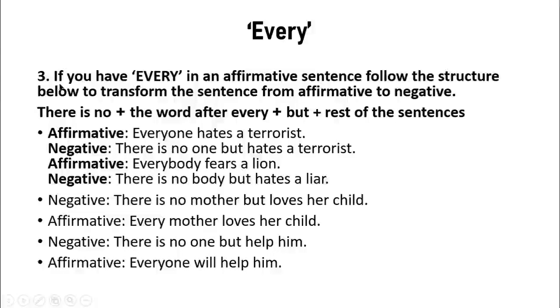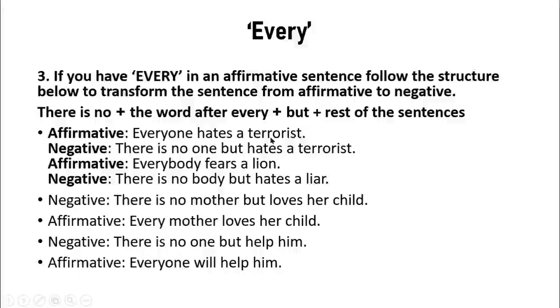Let's read what we have in rule number 3. If you have "every" in an affirmative sentence, follow the structure below to transform the sentence from affirmative to negative. At first write down "there is no," then the word used after "every," and then "but," then the rest of the sentence.